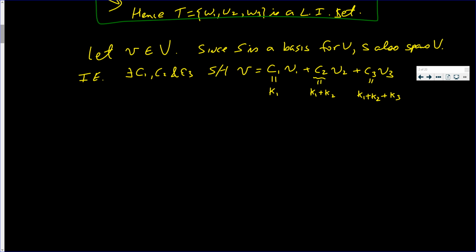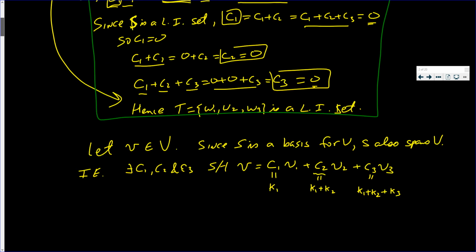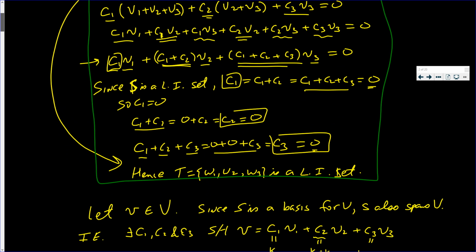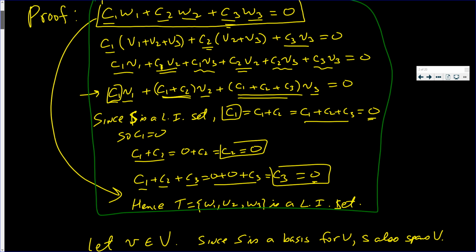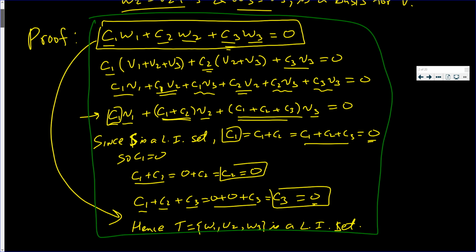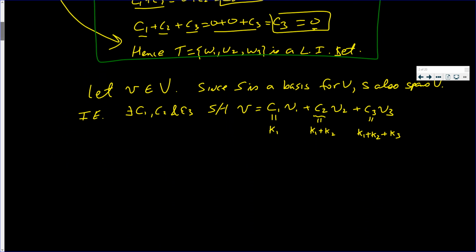So now I just want to see something. Maybe I really did that backwards. Okay, so this becomes K1 W1 plus K1 times V2 plus K1 times V3.